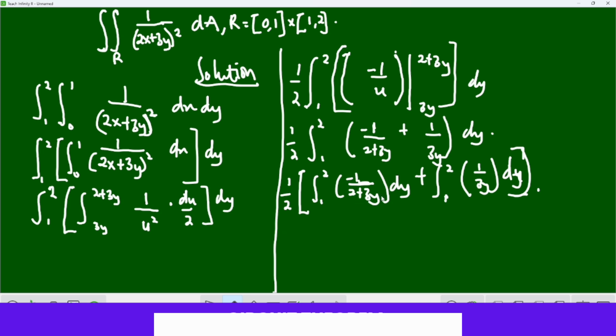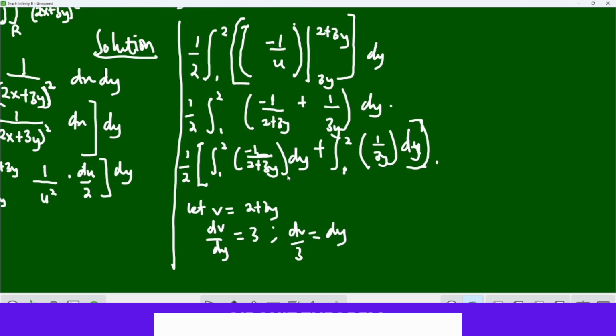Now, since I have 2 plus 3y, I cannot integrate directly. I can let v be equal to 2 plus 3y, and dv dy is going to give me 3, where dv over 3 is equal to dy. Hence, I replace the values back. I can replace the values of y with v.